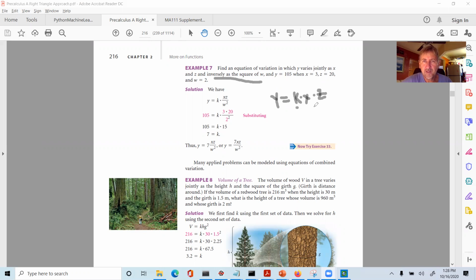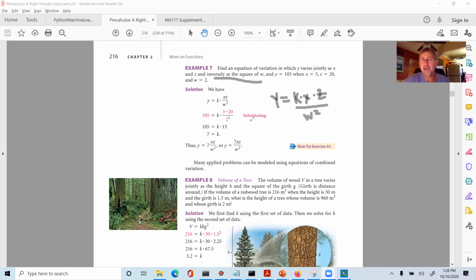So that means w is on the bottom, that's the inverse, and it's the square of w, which means w times w, or w squared. And there's our exact k times x times z over w squared.